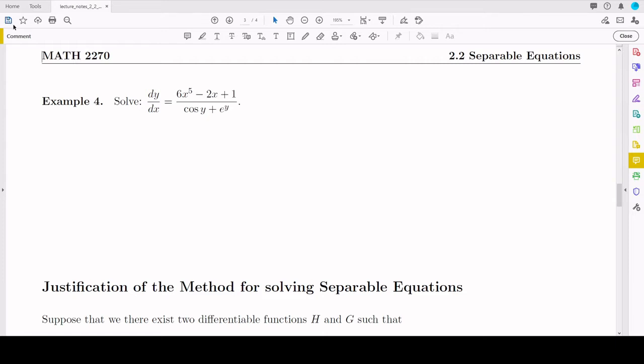So as before, we're going to start off by multiplying both sides of the equation by dx.